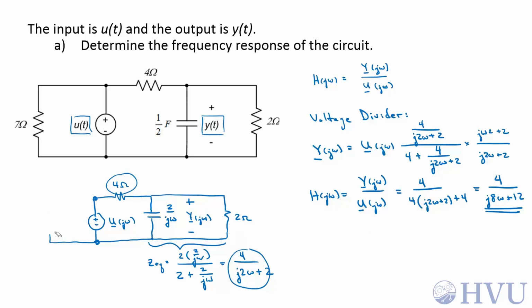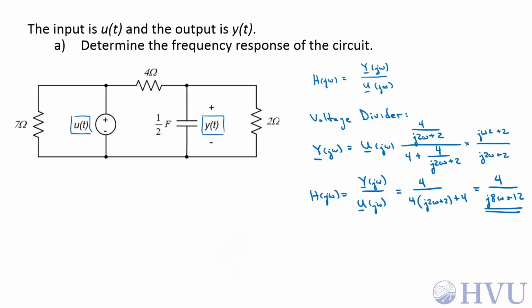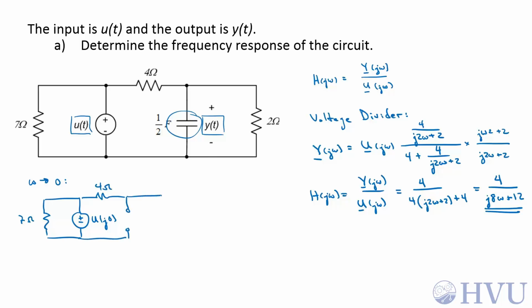I can take advantage of what I know about the capacitor's behavior at low and high frequencies. As omega goes to 0, the capacitor looks like an open circuit. I have this 7 ohm resistor here, not that it matters because it's in parallel with a voltage source. This is U(j0), 0 radians per second. 4 ohms, an open circuit, 2 ohms, and this voltage is Y(j0).